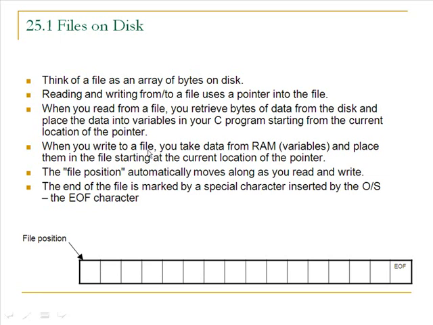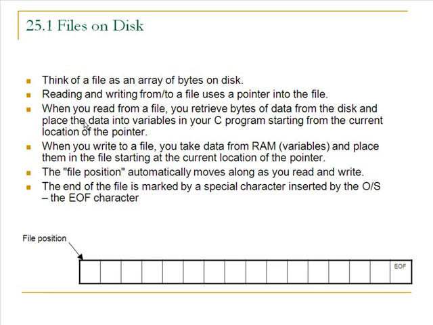When you are writing into a file, you take data from your variables and you place them in the file, starting at the current location of that file position pointer. And conversely, when you read them, you read from the position of the pointer, and the pointer moves along as you read things out of the file.